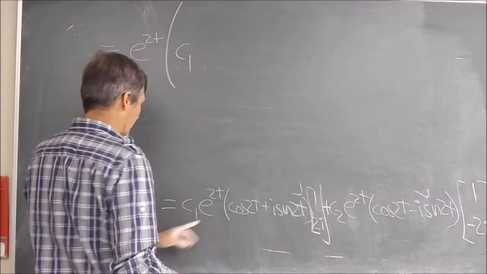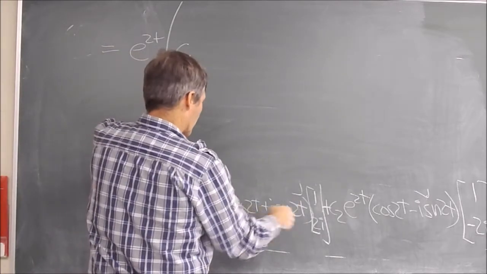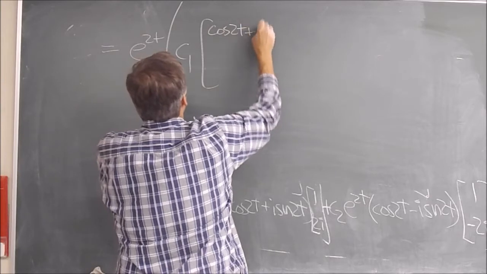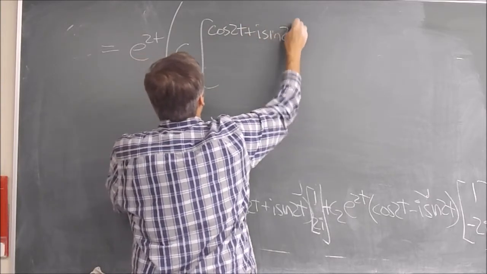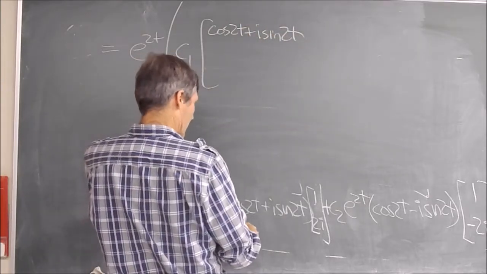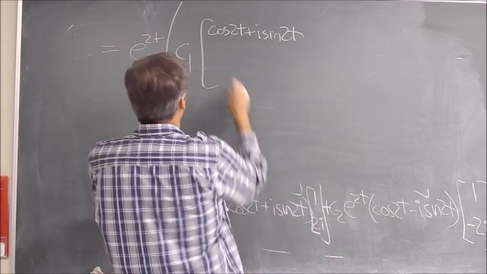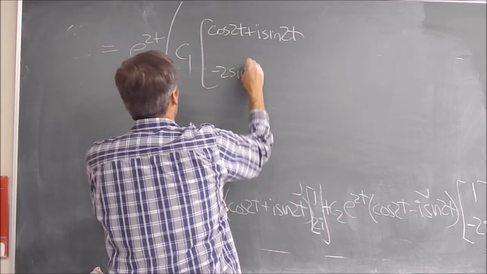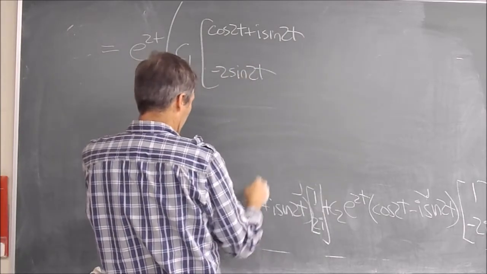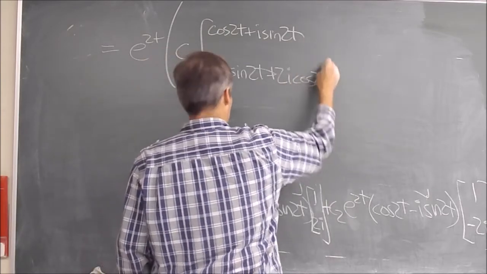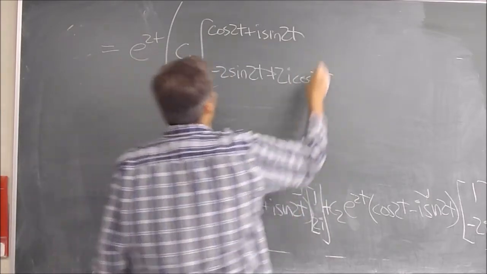And then c1 multiplies besides that, cosine 2t plus i sine 2t in the first line. And it multiplies 2i times this. So 2i times i is minus 2, so it's minus 2 sine 2t. And 2i multiplying cosine gives 2i cosine 2t. Alright, so there's that one.